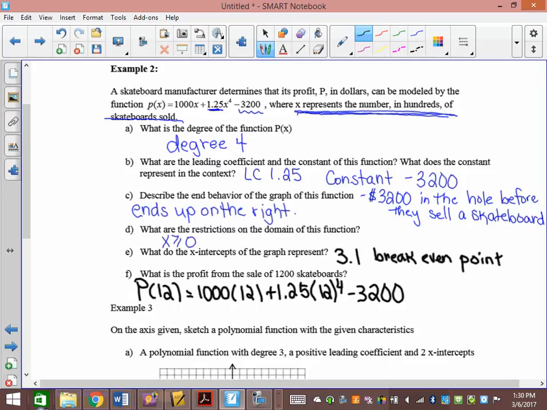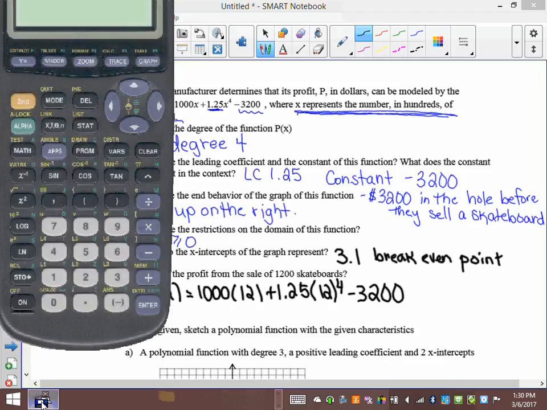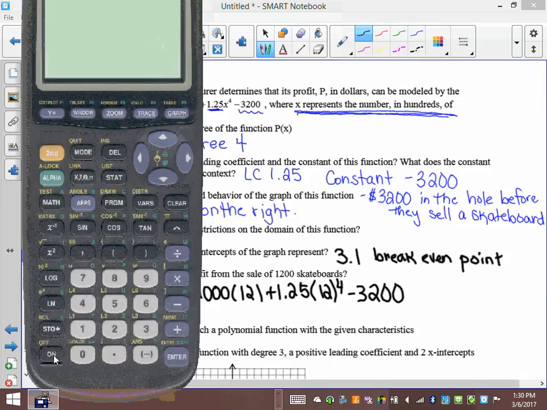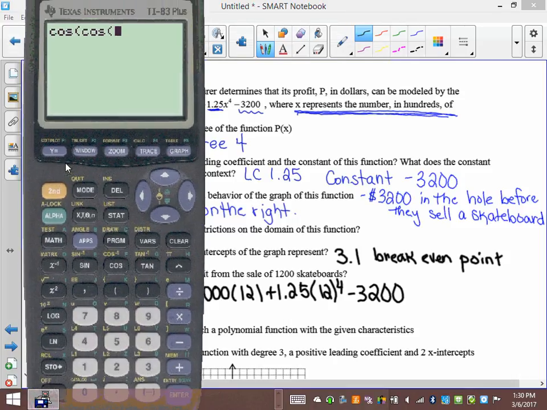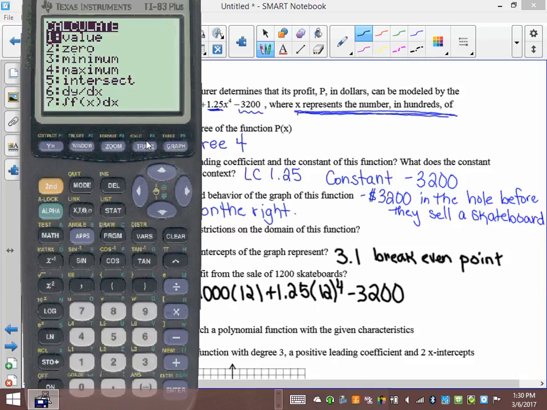Or your calculator will do it for you. It's the second way to try. Once you have a graph, right, and you know an x value and you want a y value, what you do is you go second, trace, value. Value is where you can put x values in.